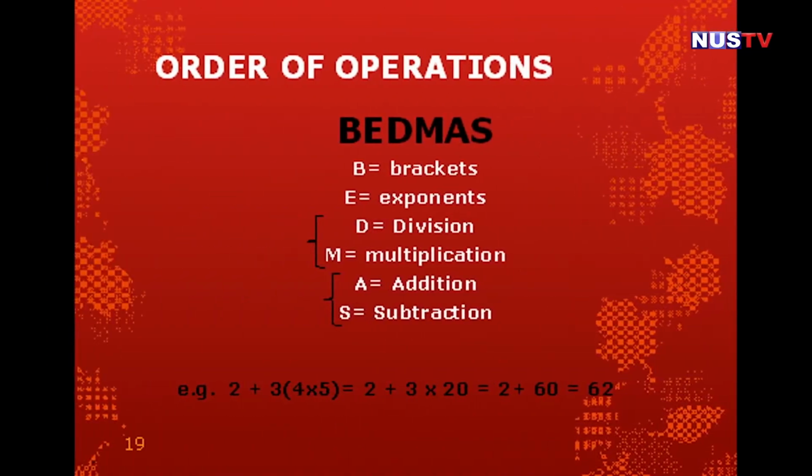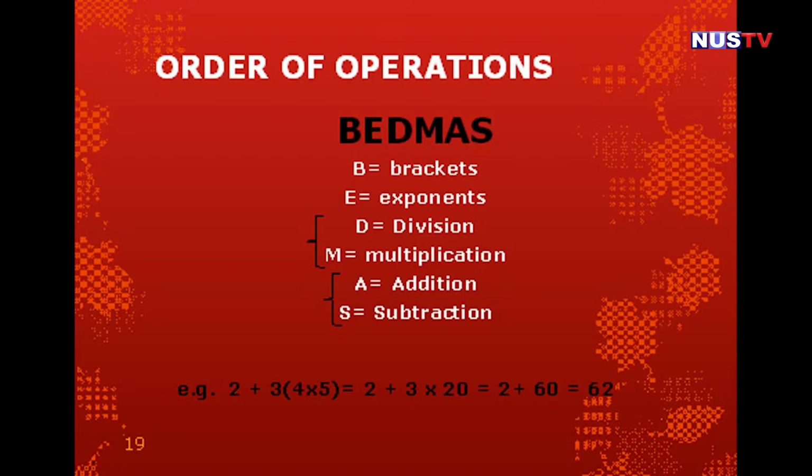Alright, so let's revise our order of operation. This is something that you should already have learned, even from primary level, the order of operations. We have a mnemonic and we call it BEDMAS. B stands for bracket, E stands for exponent or power, D stands for division, M for multiplication, A for addition, S for subtraction.